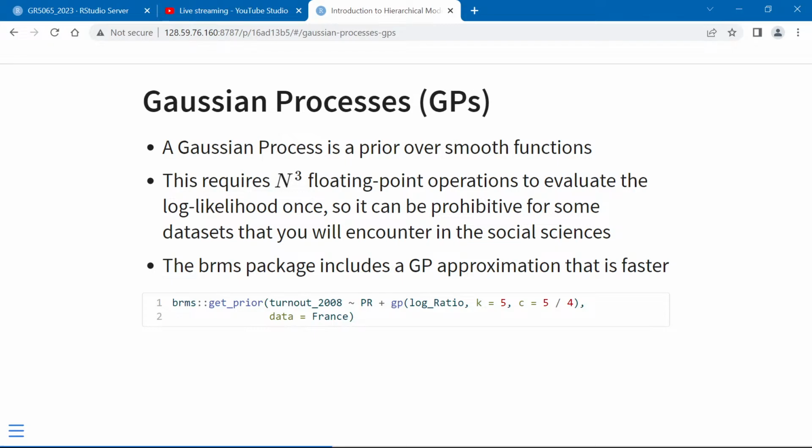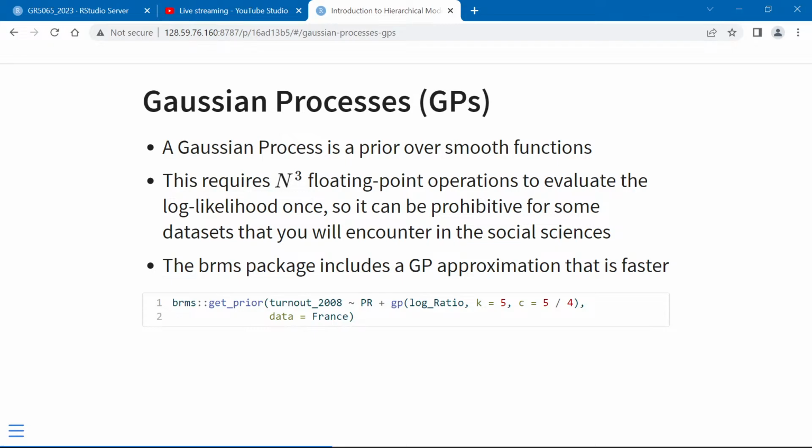Now, Gaussian processes are great, but unfortunately they require n-cubed floating point operations to evaluate the log likelihood function even once, where capital N is the number of observations in the data set. So if you have 1,000 observations, you're looking at something that could easily take several hours to run, because Stan has to evaluate the log likelihood function millions of times.